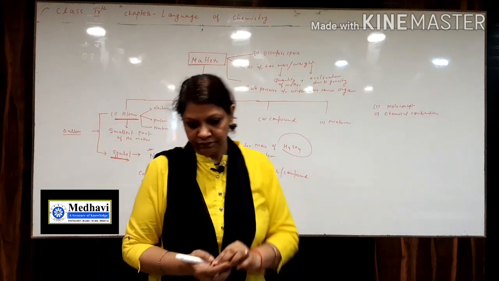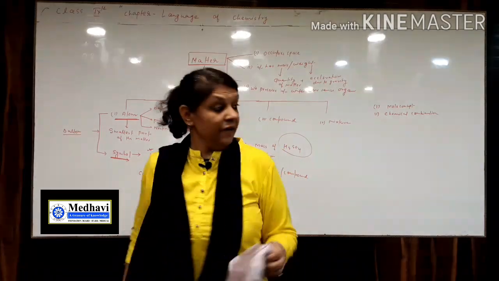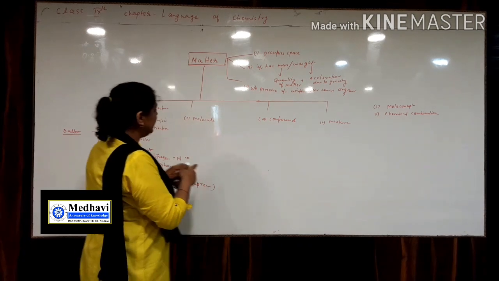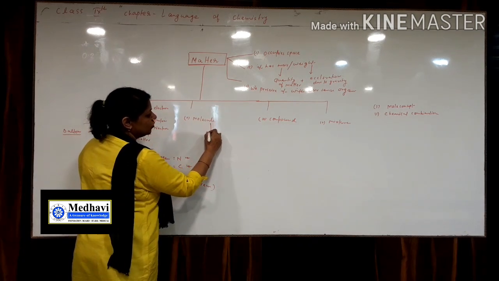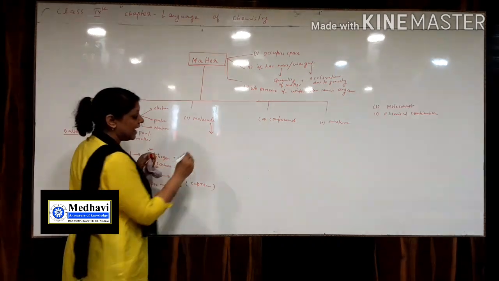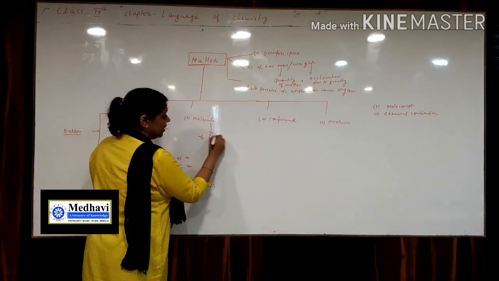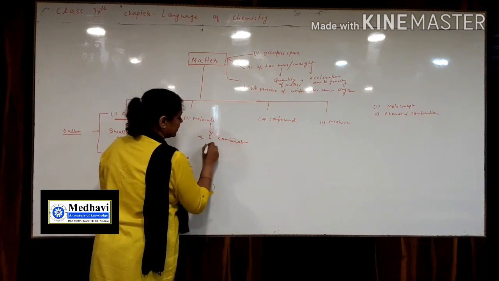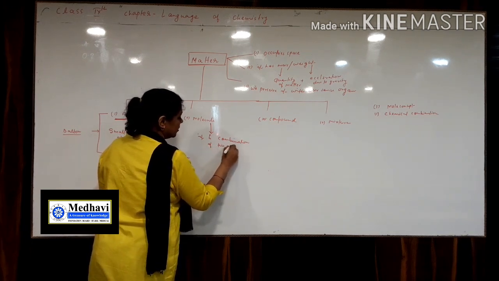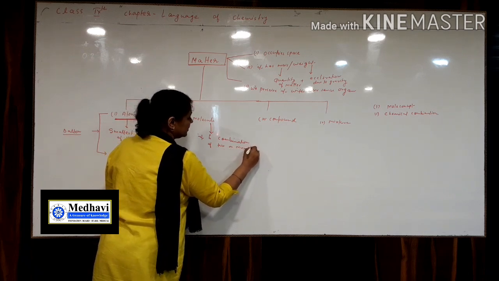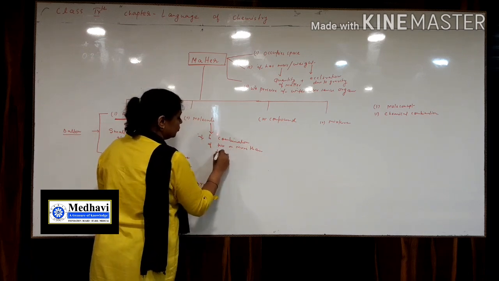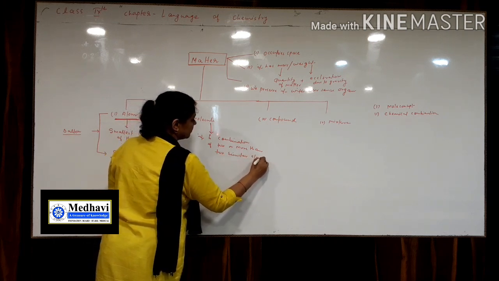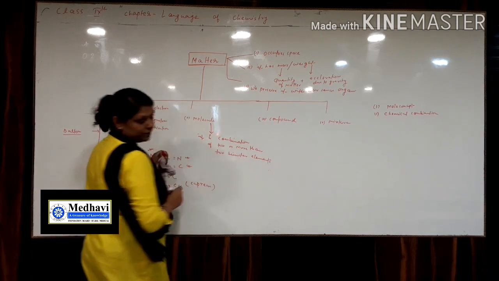Second thing, if we are going to discuss molecule, then a molecule is combination of two or more than two similar atoms. You can say elements or atoms also you can use.